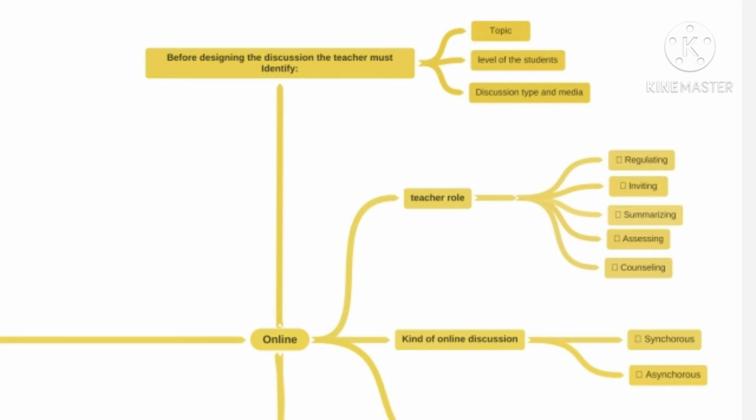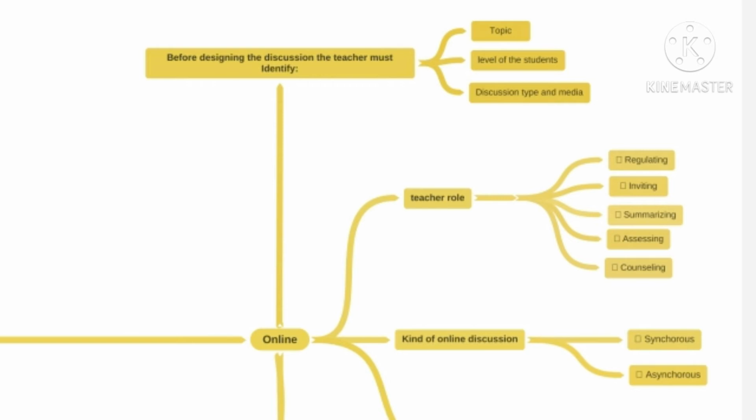What topic will be used, where the topic corresponds to the level of the students. The last one determines the type of discussion used, meaning that you have to determine what kind of discussion model to apply to the topic that has been chosen. Also, you have to determine what application or media to use to apply the discussion model that has been chosen.